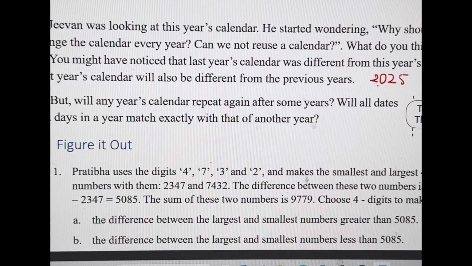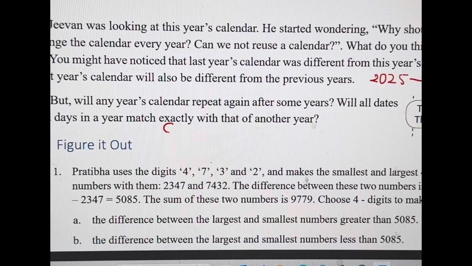if I talk about 2025, this year's first day is on Wednesday, right? This will be repeated after 6 years, so you can say it will be repeated in 2031. Common years are generally repeated after 6 years or 11 years. It depends on the leap years which come in between.